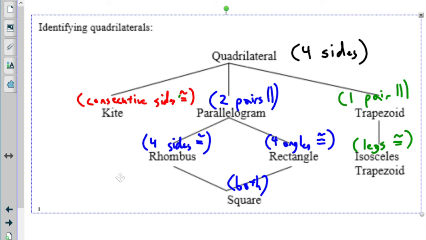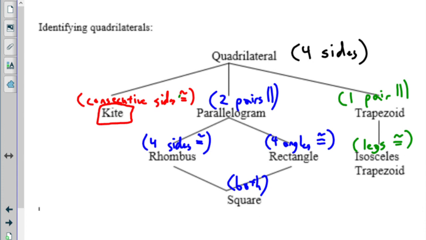First off, if all we know is that it has four sides and we don't know any other information or it doesn't fit any of our categories, we're going to call it just a quadrilateral. Then, over here we have our kites, where the consecutive sides are congruent. Over here we have our trapezoids, where one pair of sides are parallel.